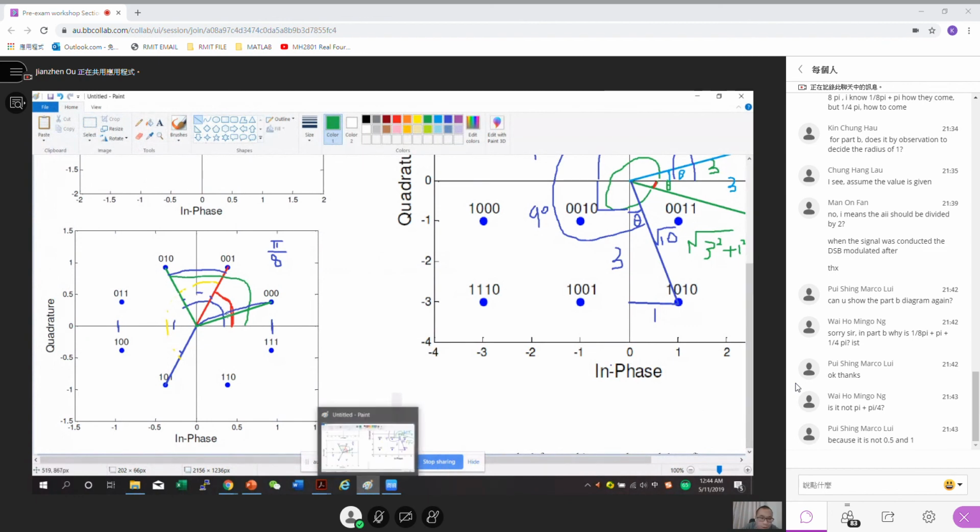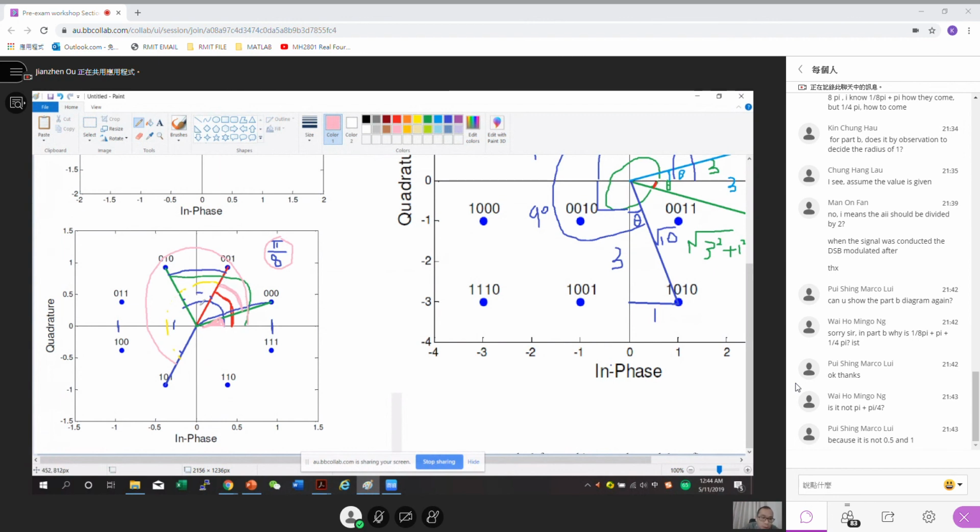So what it is, we know this angle here, yeah? This is the initial phase, which is pi over 8, yeah? So for 101 it is all the way from here to here. So we know this one.